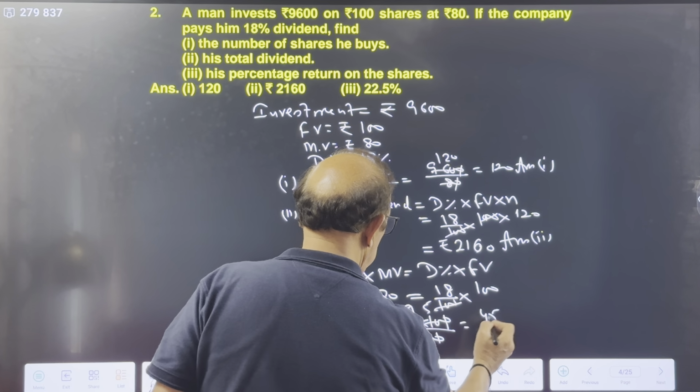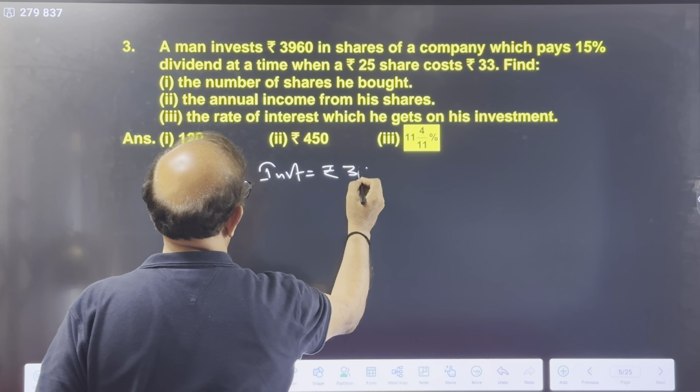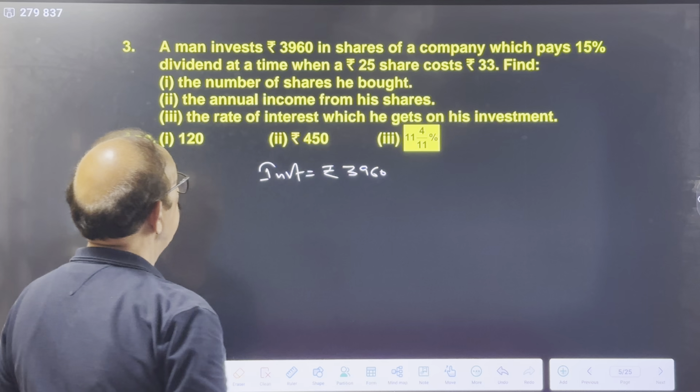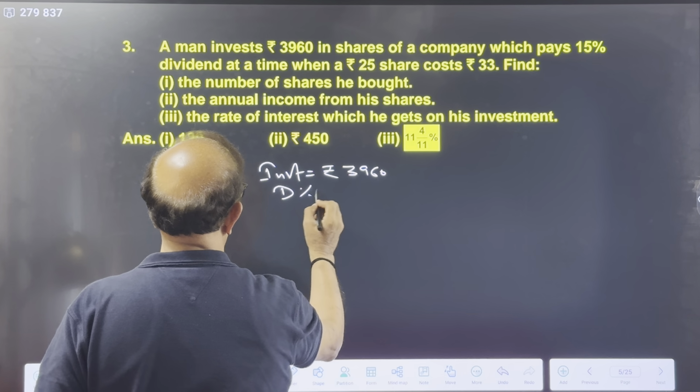This is answer number 3. This was question number 2. Now next question, number 3. A man invests rupees 3960, investment, 3960 in shares of a company which pays 15% dividend.